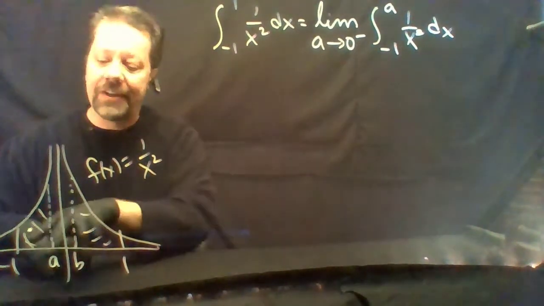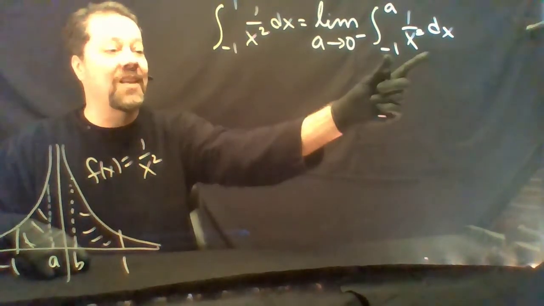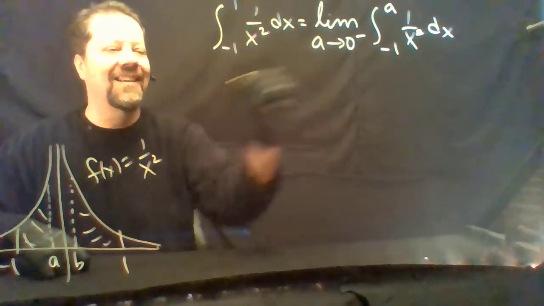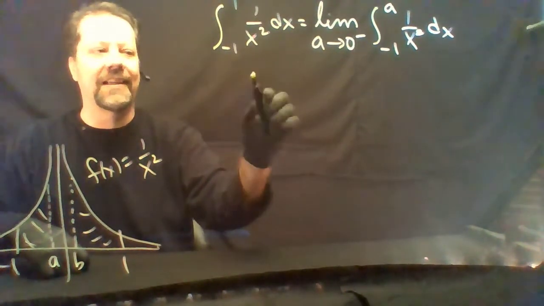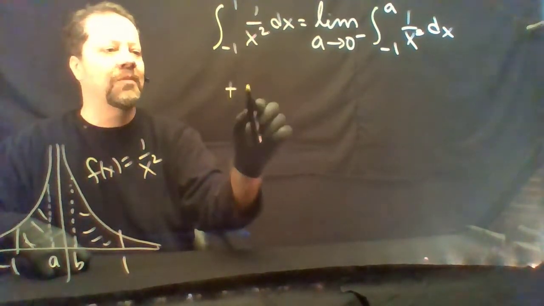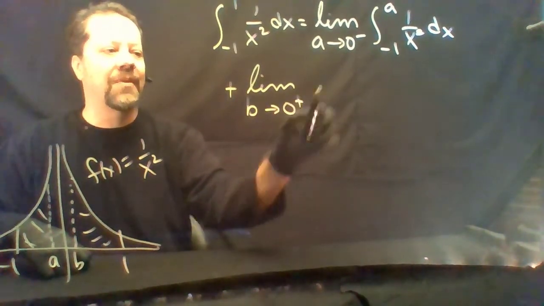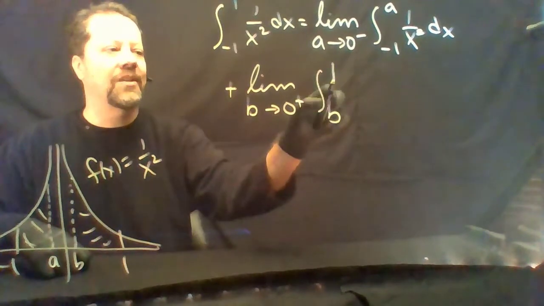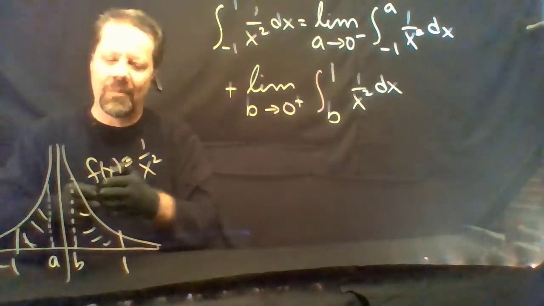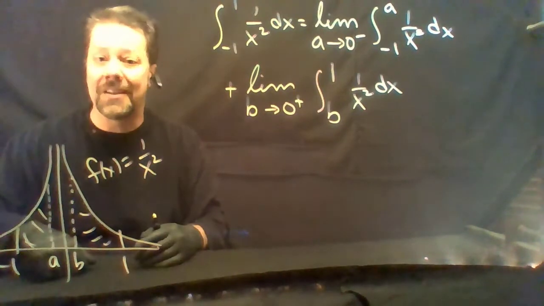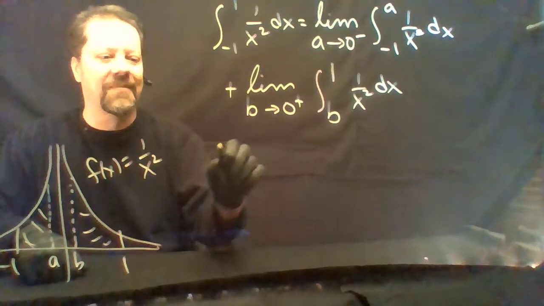On this limited domain, our integrand is continuous, so we may use the fundamental theorem here, and hopefully the limit will tell us whether the value of the integral is finite or not. Plus, the limit as b goes to 0 from the right, integral from b to 1, 1 over x squared dx. We're backing off from the discontinuity and then taking the limit as we go back towards it.